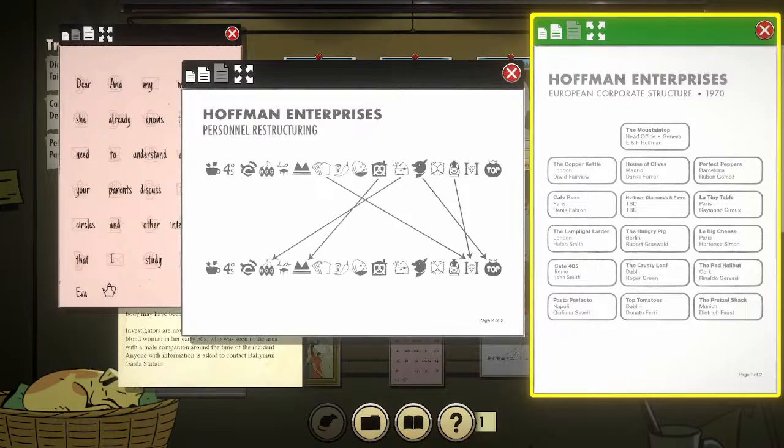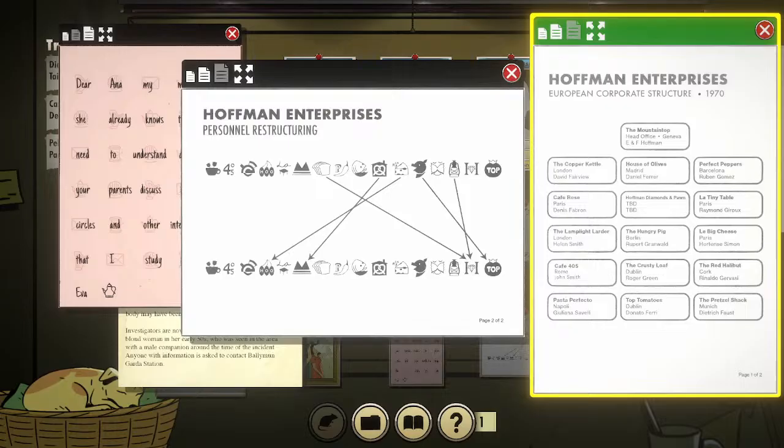Dublin, Roger Green. And it goes to the Hoffman Diamonds and Pawn, which I think that says TBD, but I think we do know about that. Diamonds. Hoffman Diamonds and Pawn. Okay. So that's where the bread went.